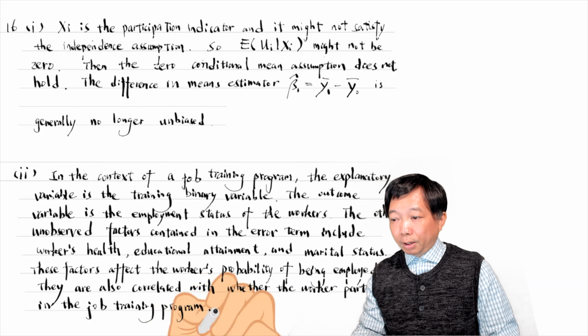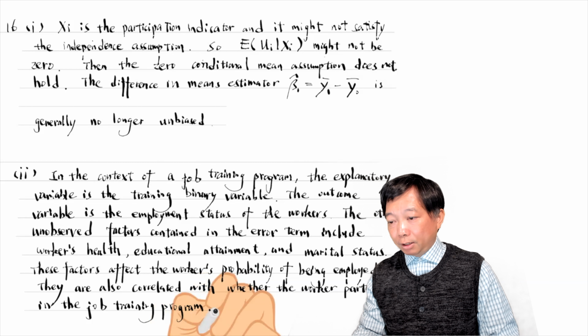In other words, if the workers can choose whether to take part in the program, the zero conditional mean assumption will be violated. For example, a better educated worker is more likely to take a job training course because it is easier for her to pass it.